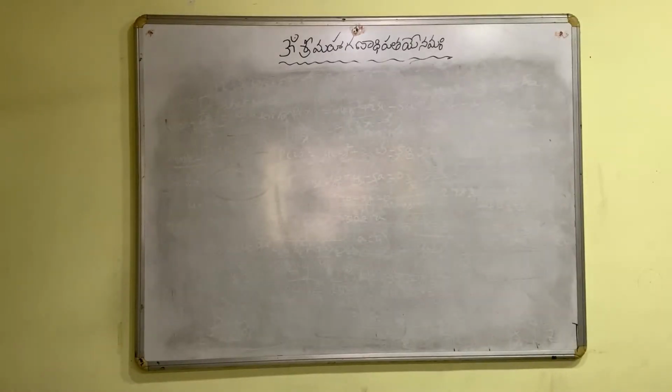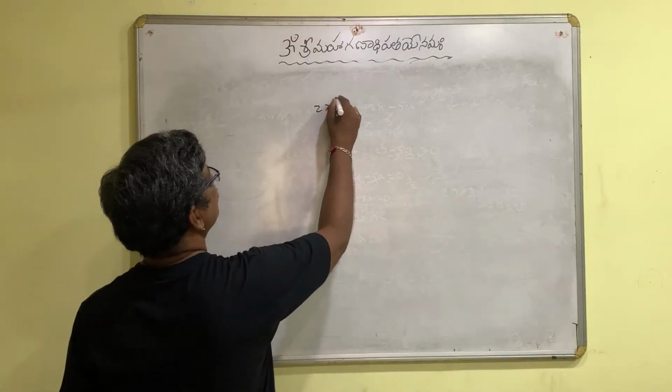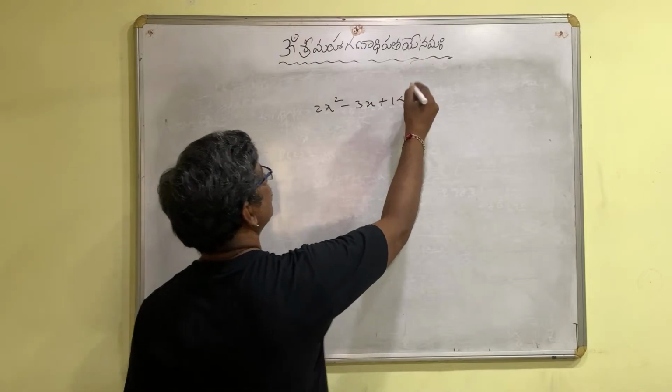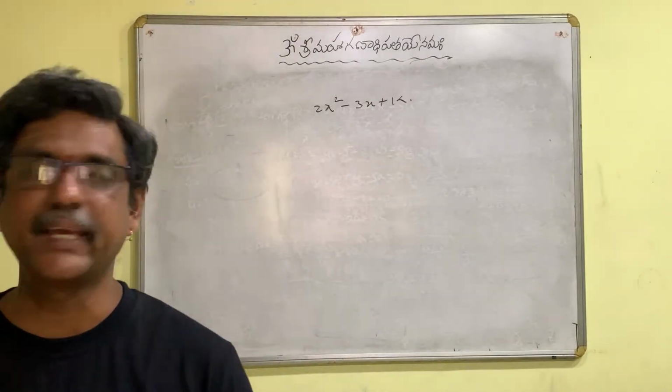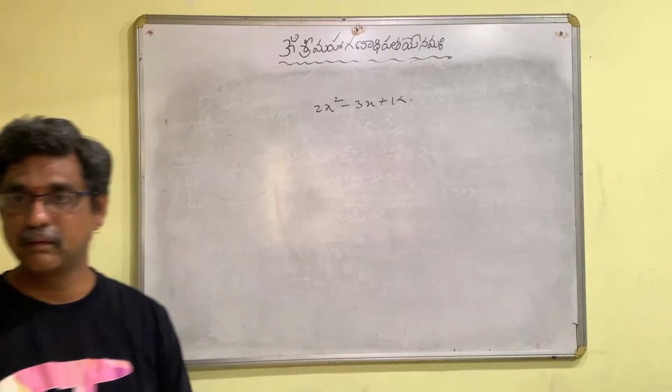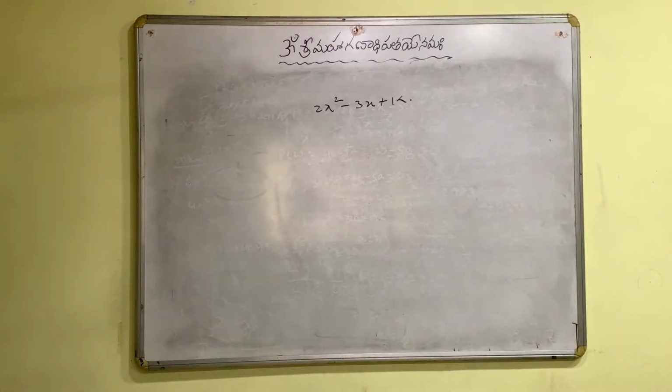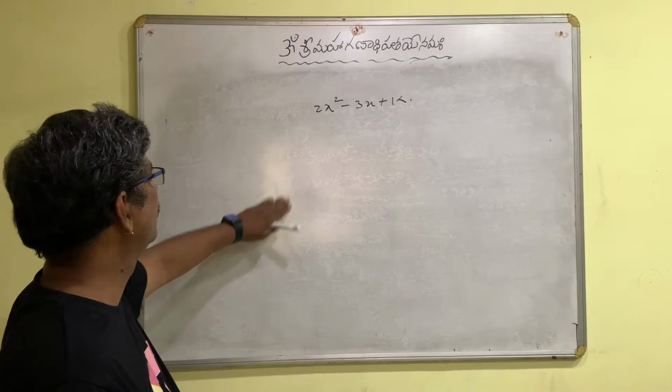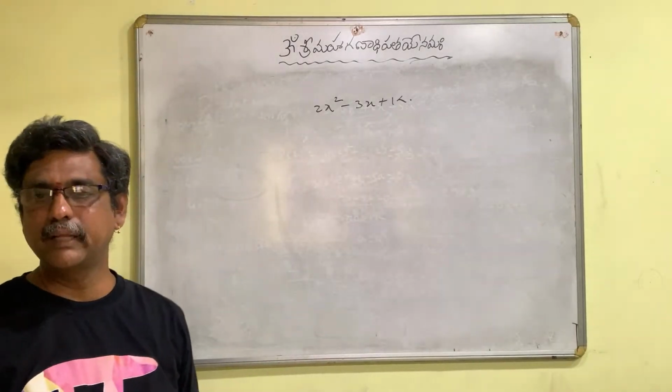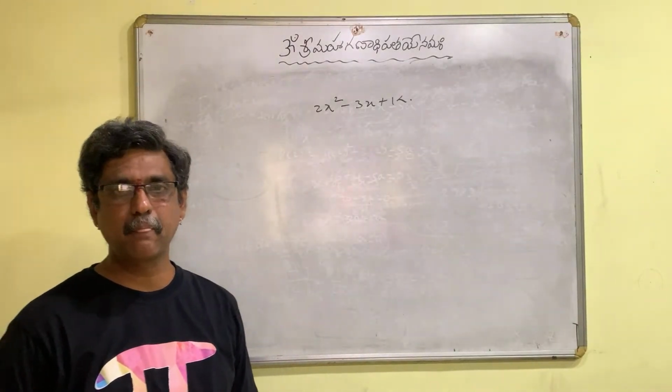If one zero of the polynomial 2x square minus 3x plus k, see, this is a quadratic polynomial, and we know that it has 2 zeros.